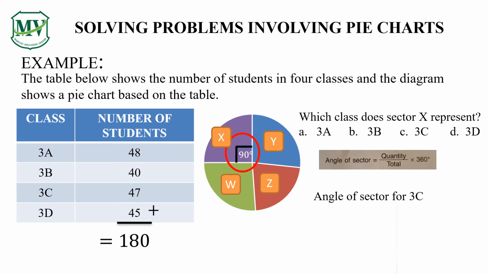The number of students in class 3C is 47. So we will have 47 divided by 180 times 360 degrees, and that is equal to 94 degrees. The angle sector of 3C is not equal to 90 degrees. That means class 3C is not the class represented by X.